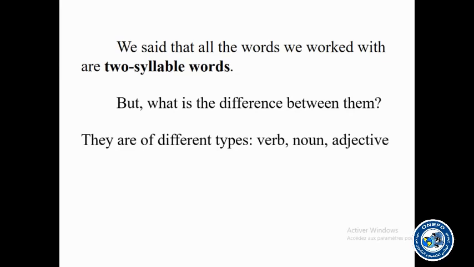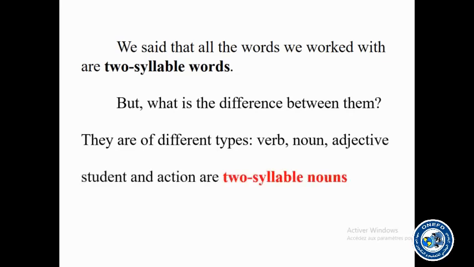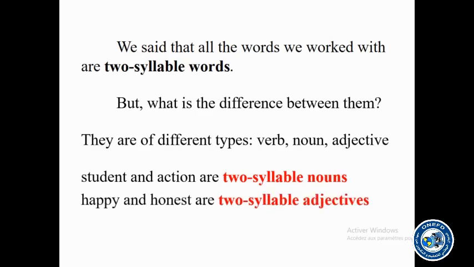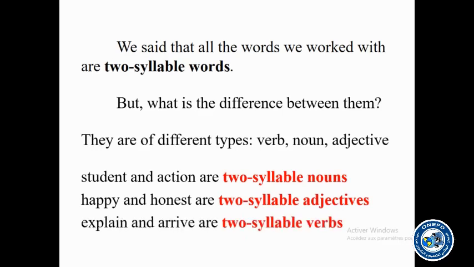We have verbs, we have nouns, and we have adjectives. Student and action are nouns. Happy and honest are adjectives. Explain and arrive are verbs.